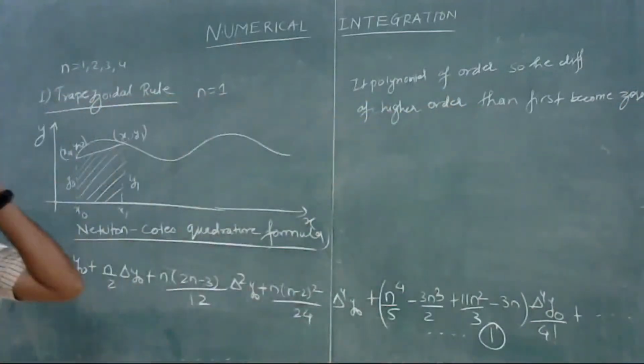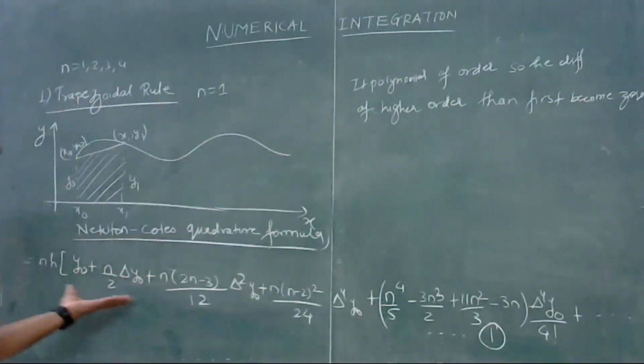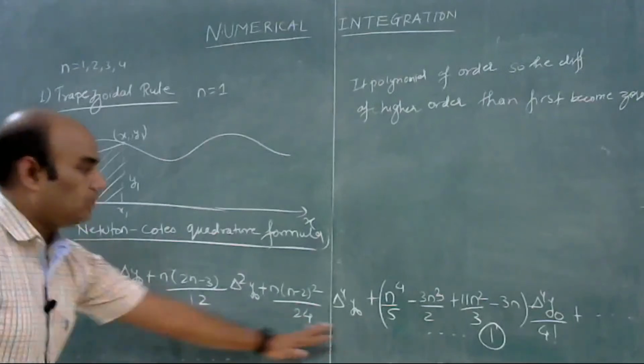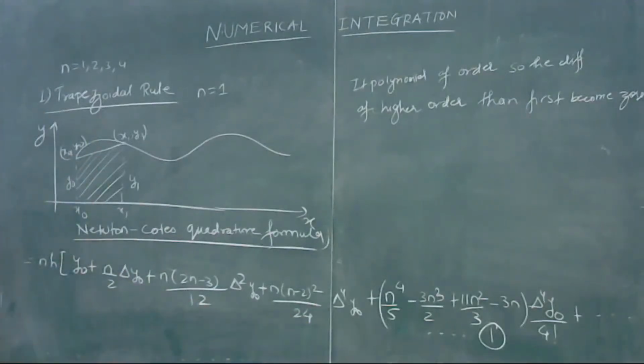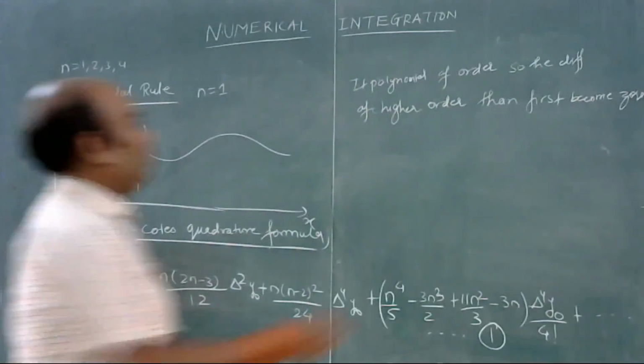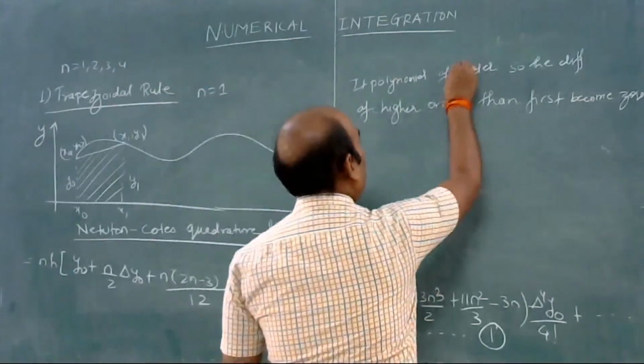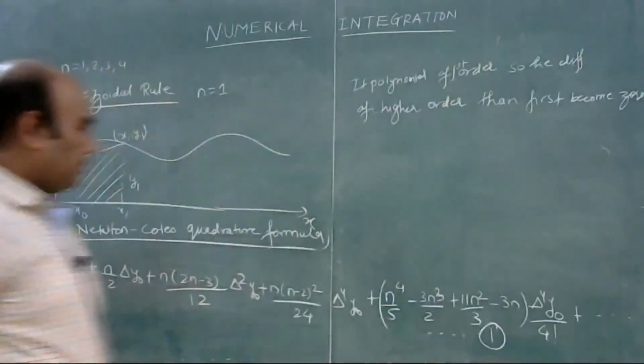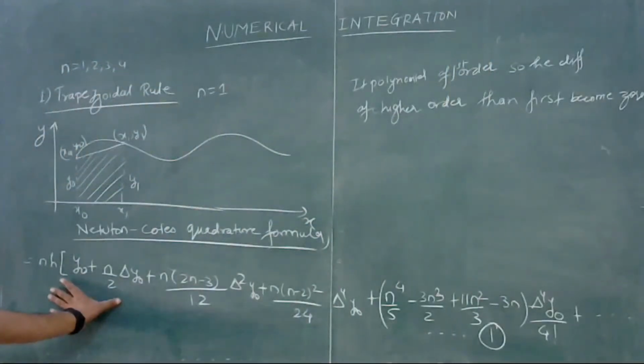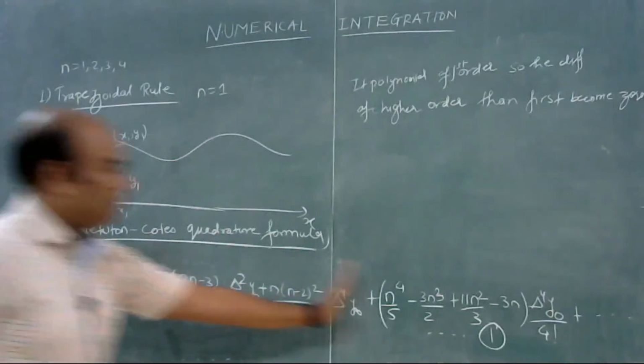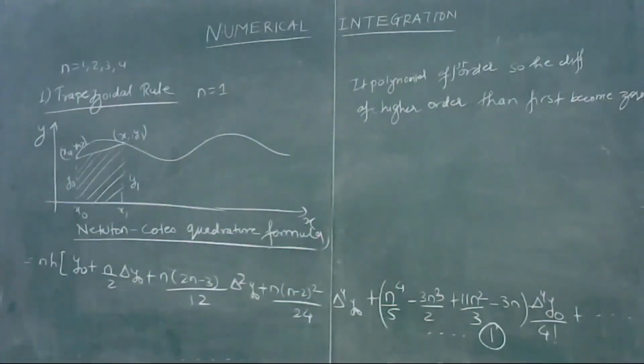Okay, so the higher order differences other than the first difference will become 0, since it is a polynomial of first order. So we will get only this, and this term will become 0.